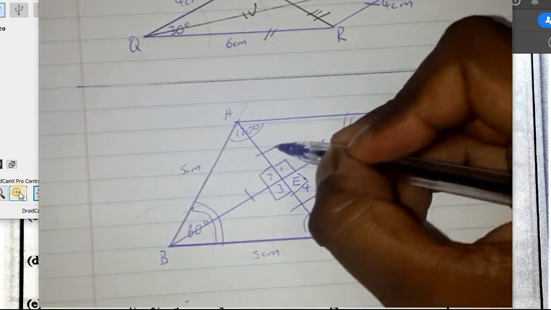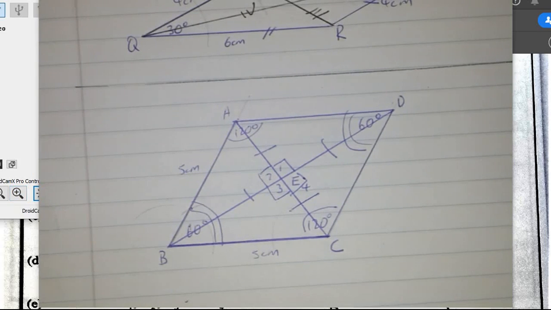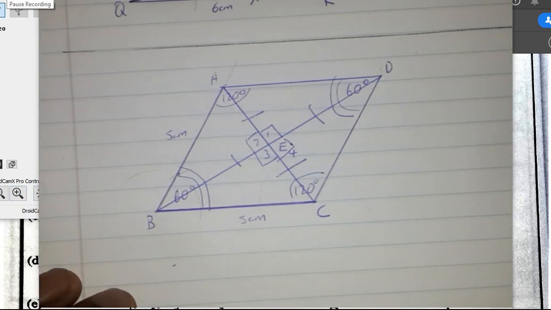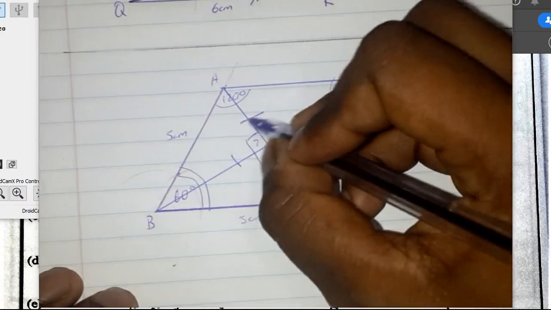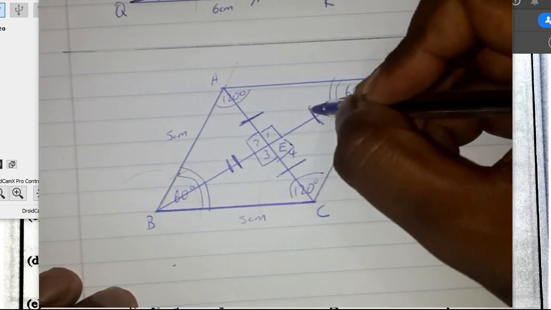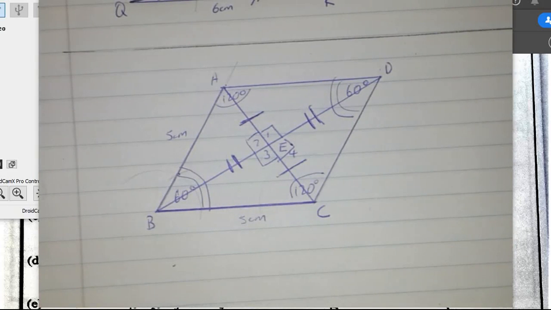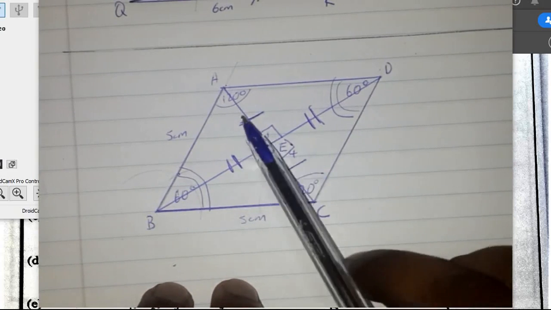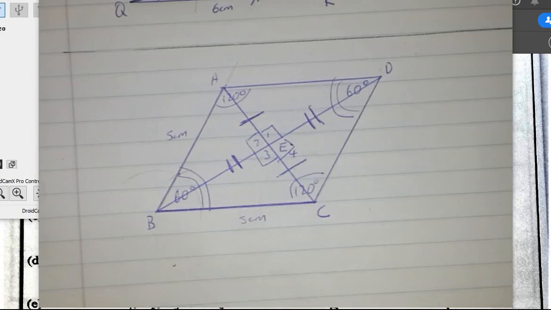From here to here, they are the same as well. Sorry, I'm supposed to say that this is equal to this, 2 slashes, and this is equal to this. Making many videos today, so my brain is getting tired. So those diagonals are equal, and these diagonals here are equal, right?